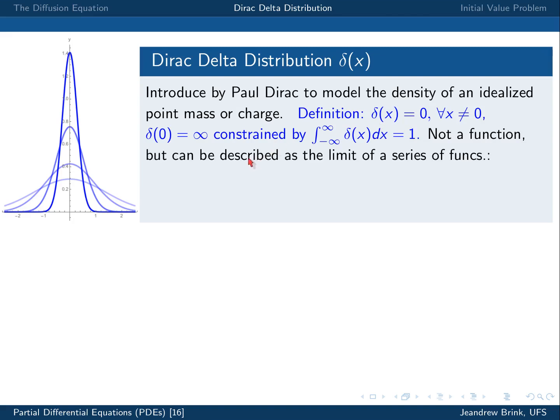So to do that, let's give one example of these series of functions, and I'm going to simply define delta a of x equal to e to the minus (x over a) squared, over the absolute value of a, and in fact this represents the functions plotted here.